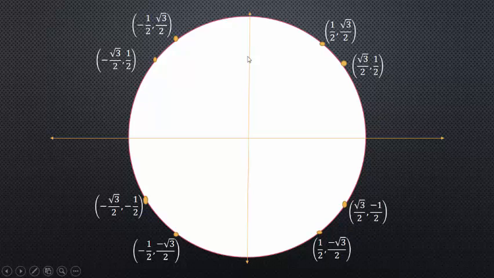You'll notice that for the ordered pairs, X and Y coordinates are positive in the first quadrant, X coordinates are negative in the second quadrant, both X and Y are negative in the third, and only the Y values are negative in the fourth. Students often confuse where the 1/2 and the square root of 3 over 2 go. Think about whether X or Y should be bigger.